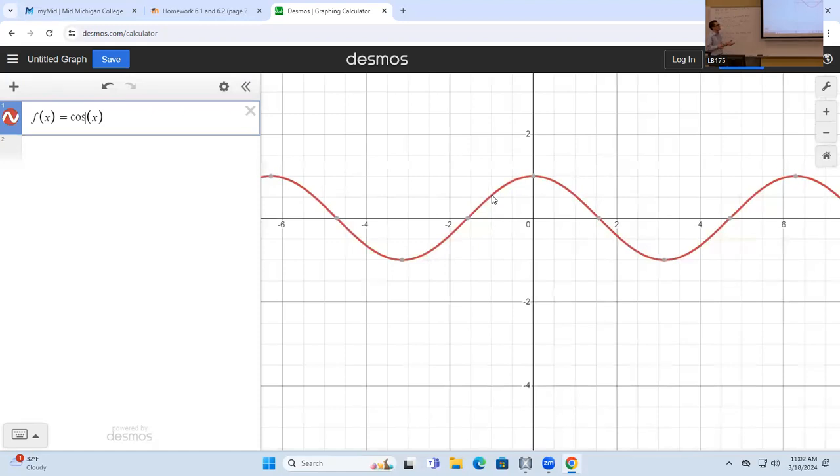We have some symmetry about the y-axis. If I plug in, I don't know, 0.9, I get 0.622. I plug in negative 0.9. I still get 0.622, hopefully. Yeah, there you go.